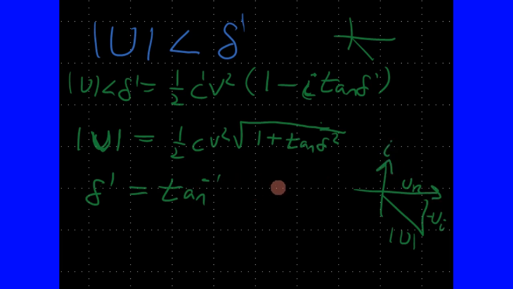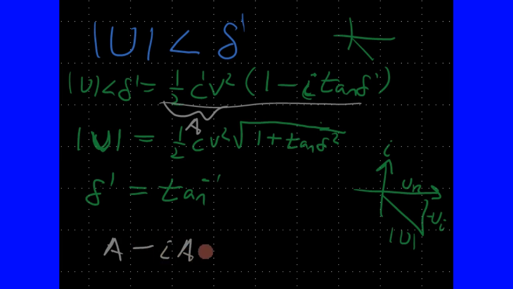Therefore, if we call this parameter A, then we can rewrite this equation like this. We could write it as A minus iA tan delta, because we call this portion right here A, and we just divide it over.